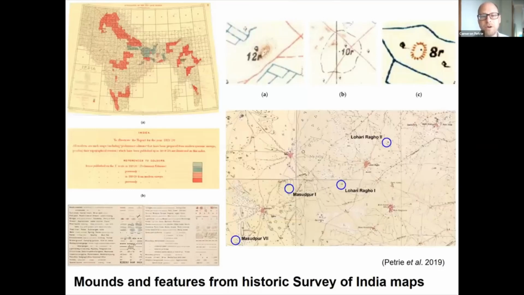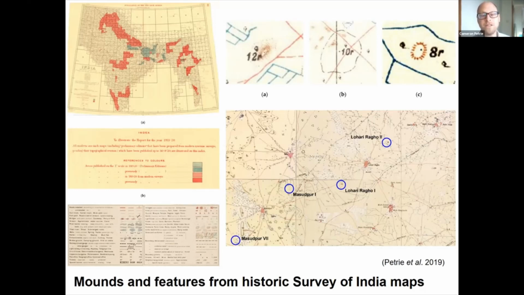Now, part of that process, and this is something that led us to build up systematic methods of trying to resolve these problems, came about from the fact that even before we conducted the surveys, we made copies of historical maps and took them with us into the field. Because we were aware that these historical maps were useful. And in some ways, we didn't quite know why these maps were useful and why they were significant.